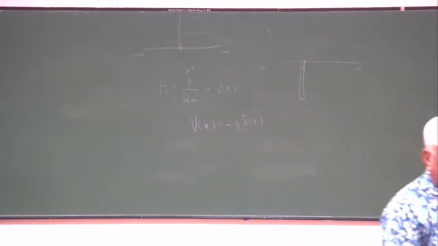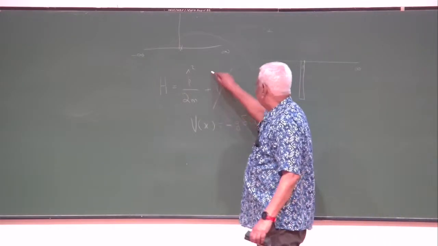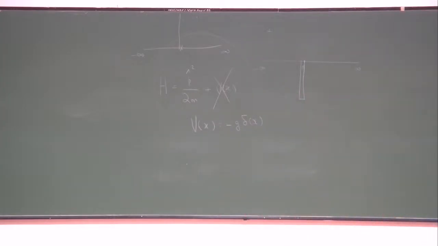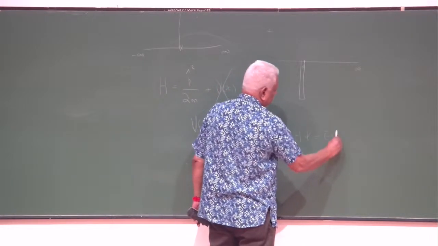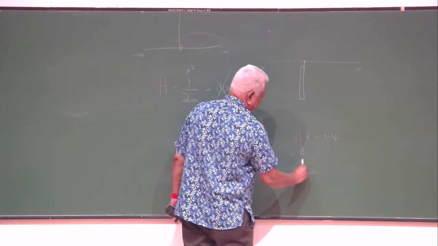Now, if that potential is not there, it is only a free particle. I can ask you to find the energy eigenfunctions of that operator. What are the energy eigenfunctions for a free particle? Anyone knows? You want to find H psi equal to E psi, where H is p square by 2m, which is minus h bar square by 2m times d square by dx square.